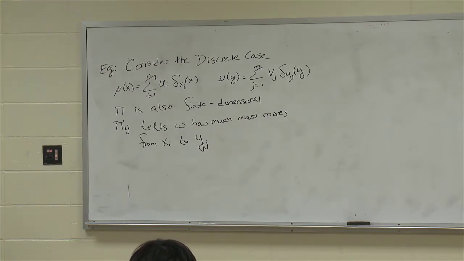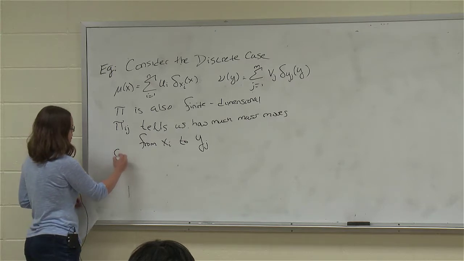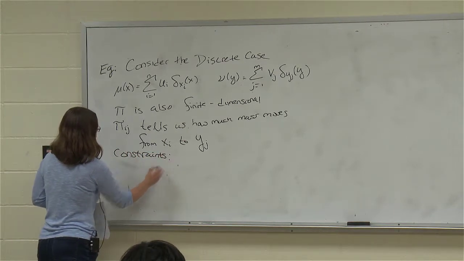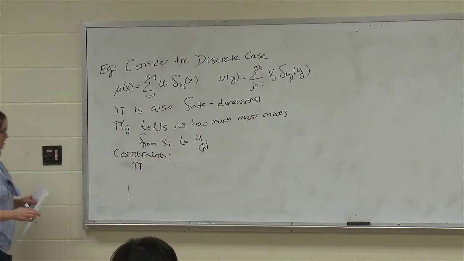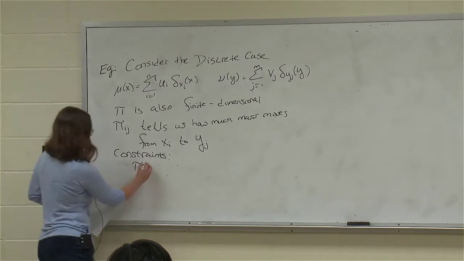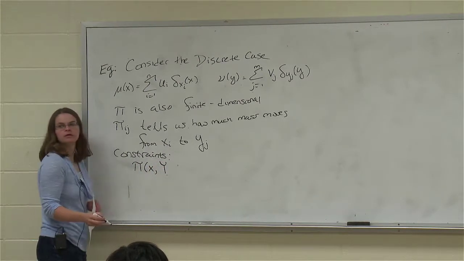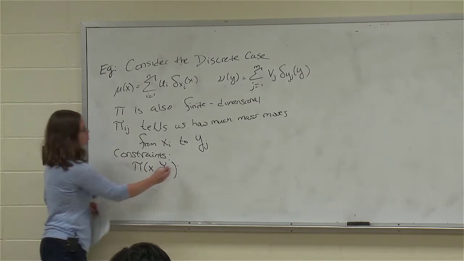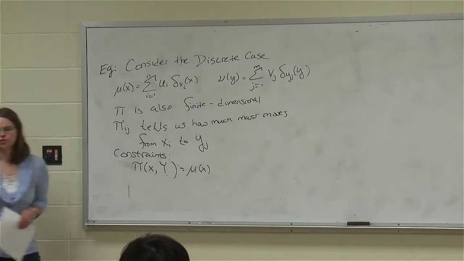Okay, so we want pi. We have constraints on it, the constraints that the marginals are correct. So our constraints are that pi at any point x, over the entire target set y, should just look like our original source.